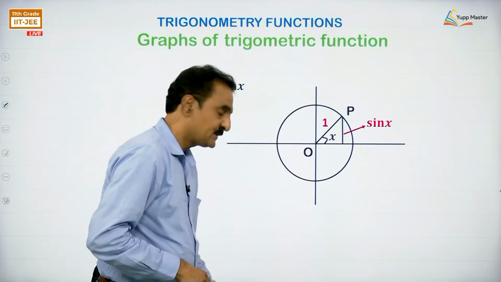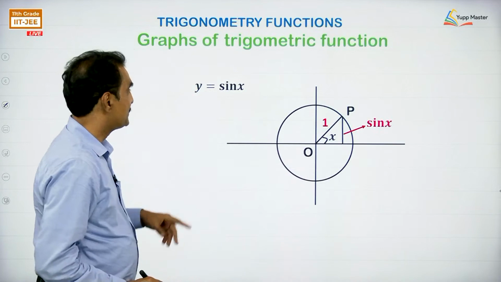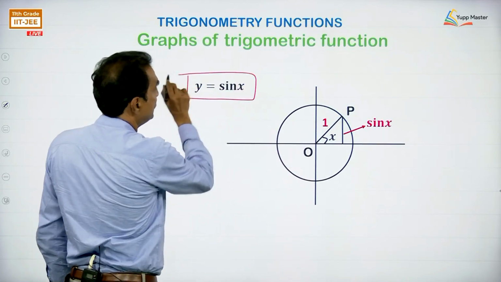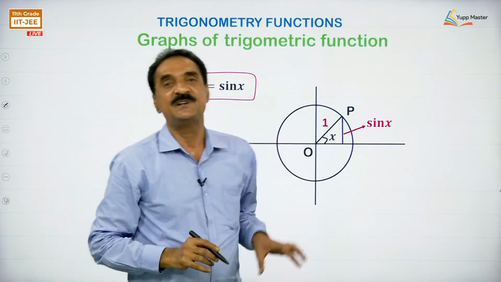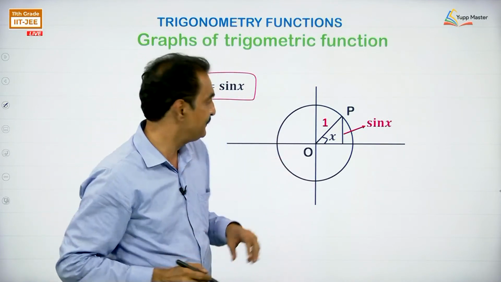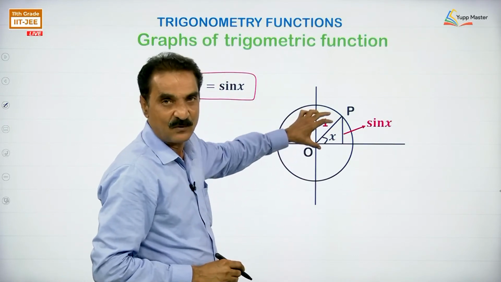First, let us discuss the graph of trigonometric functions. First, y is equal to sin x. How do you represent y is equal to sin x, the sine function, geometrically? You draw a unit circle with O as center and 1 unit as radius.